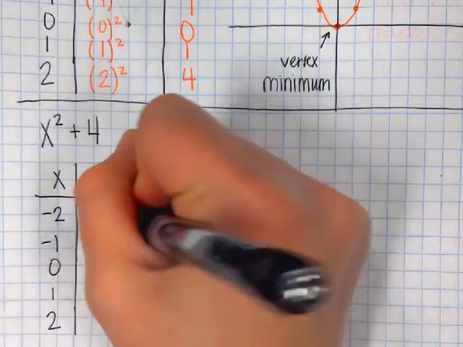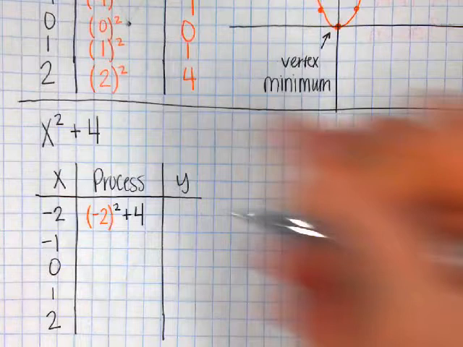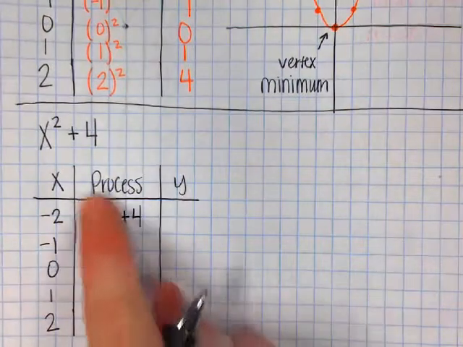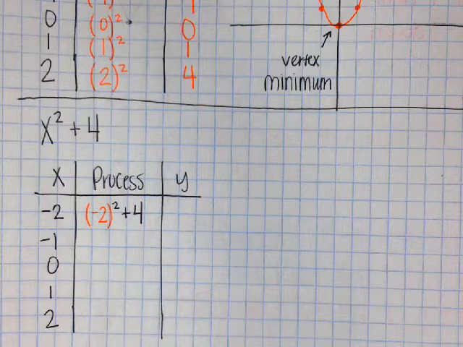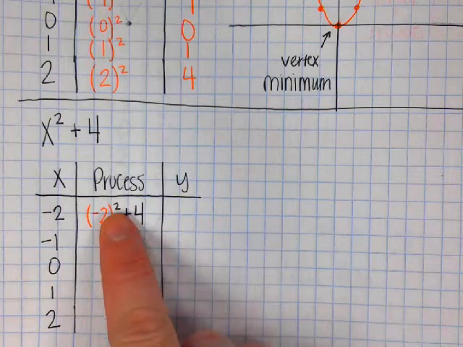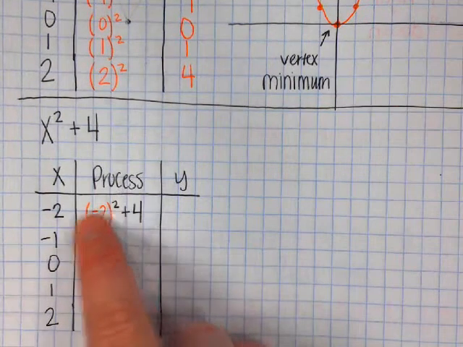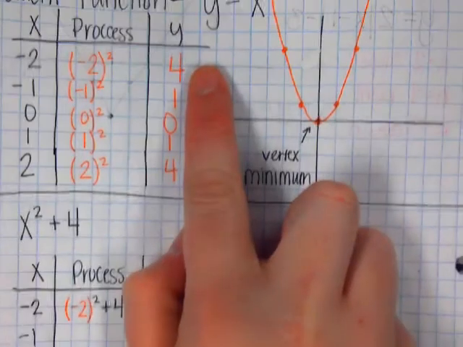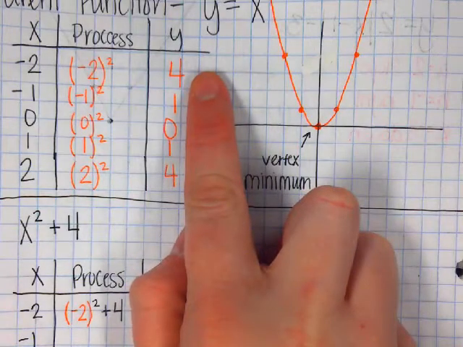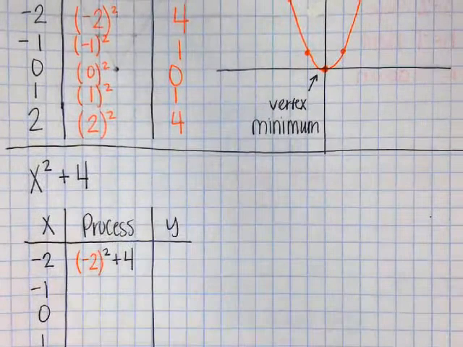And just so that you see what steps I'm doing, I'm going to use a different color on this one. So this parentheses, -2 squared plus 4. Well, -2 squared, remember order of operations, you have to do the squared part first and then add 4. So if you look up here, we already know what -2 squared is.